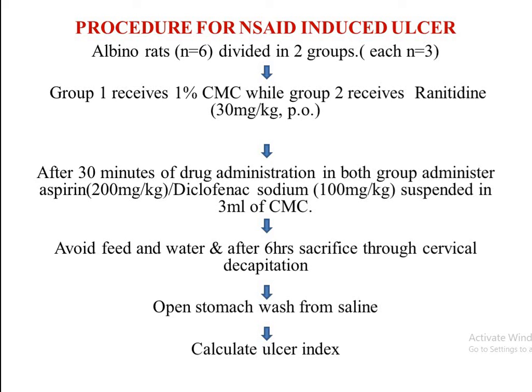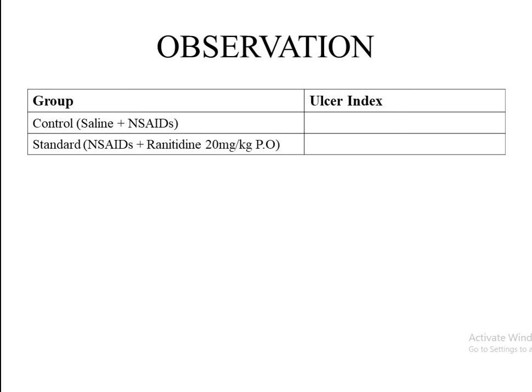animal through cervical decapitation. Open the stomach and wash with saline. Calculate the ulcer index. Because we have already calculated the pH, volume of gastric content, free acidity, total acidity and ulcer index, in this NSAID induced ulcer we will calculate only the ulcer index. I have given all the detailed information on how to calculate the ulcer index in a previous slide.